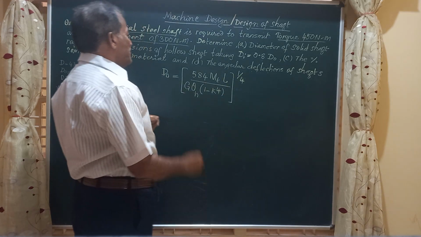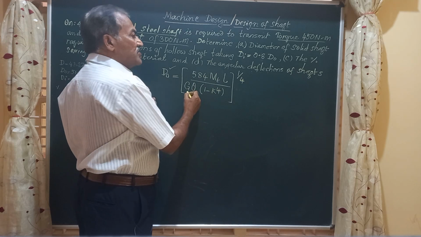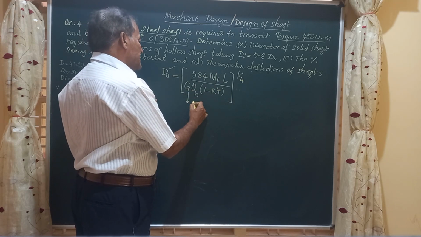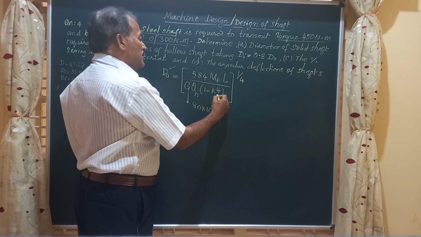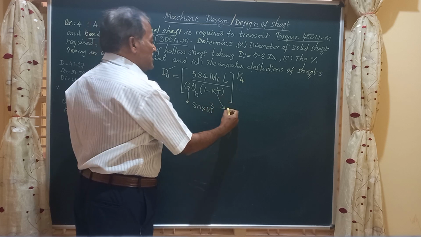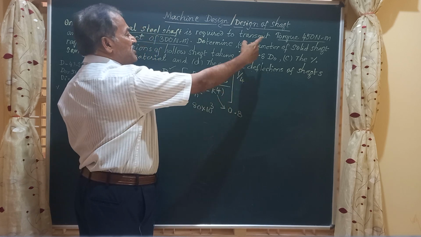Friends, here we know the outside diameter. We have calculated it in the first step. G, you can take the same value, that is 80 into 10 to the power of 3 Newton per mm square. The k value is known to us, that is 0.8. This L is 1000, and M_t is given to us.